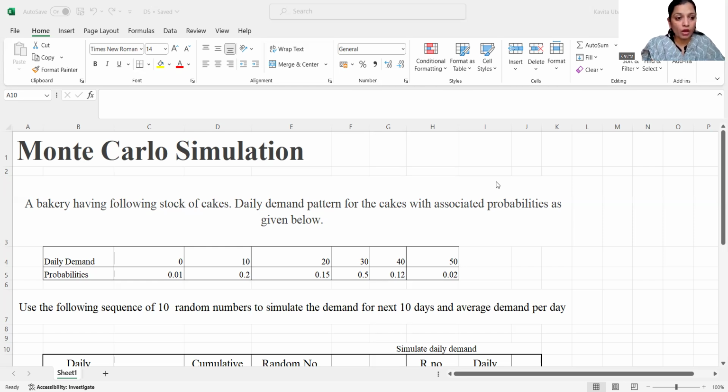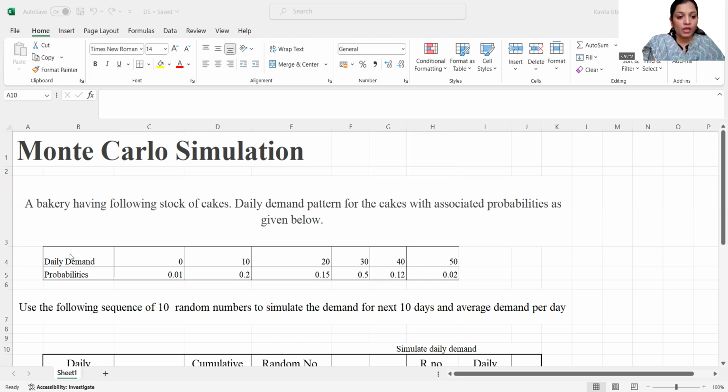So on your screen now, there is a problem statement given for a bakery, having the following stock of cakes, with the daily demand pattern for the cakes and associated probabilities as given. They have provided you the daily demand of cakes and the probabilities for that particular number of cakes demanded.